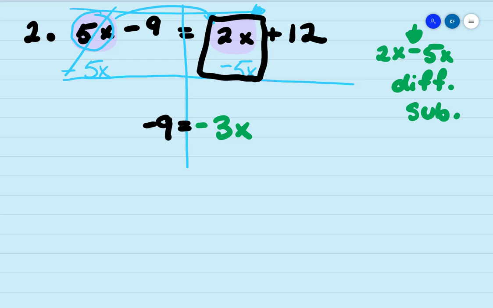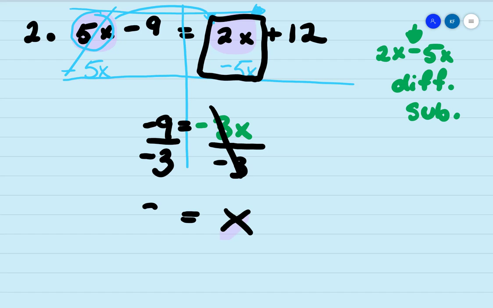Okay, this time we're dividing by -3. Okay, why is that? Because -3 is the number in front of x. So this problem ends up being x is equal to +3.